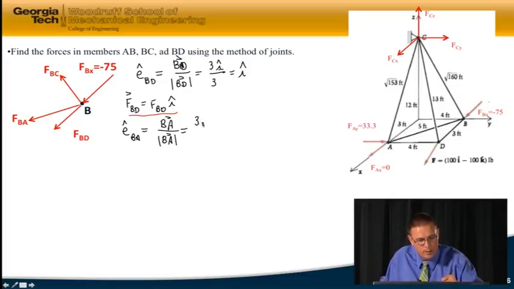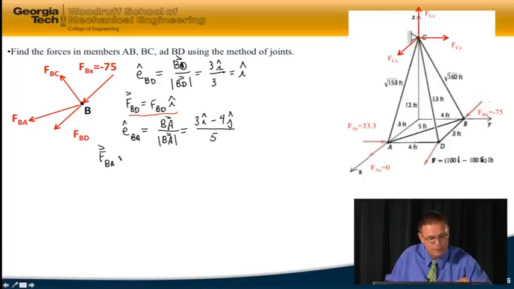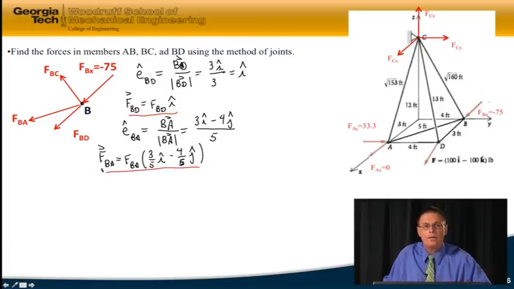So 3I minus 4J over the magnitude of that position vector, which is 5, square root of the sum of the squares. And so now again, I can find the force FBA as a vector. It's equal to its magnitude times the unit vector, 3/5 I minus 4/5 J. And that is an expression of FBA as a vector.